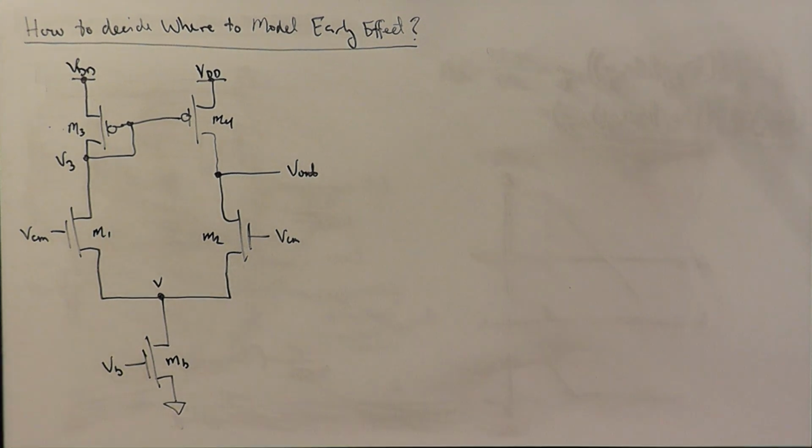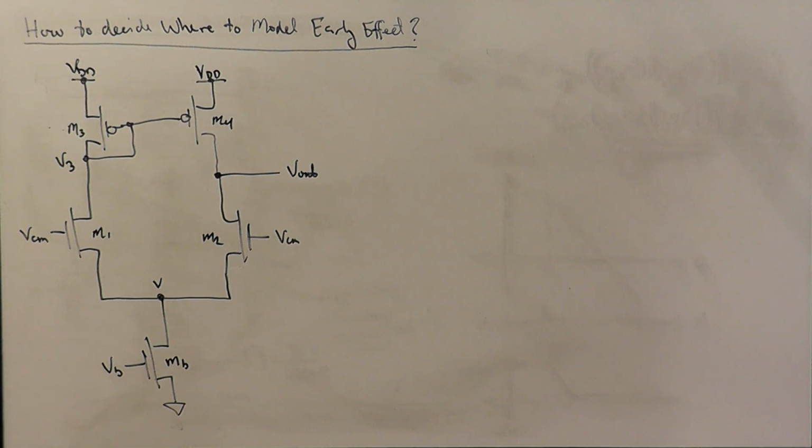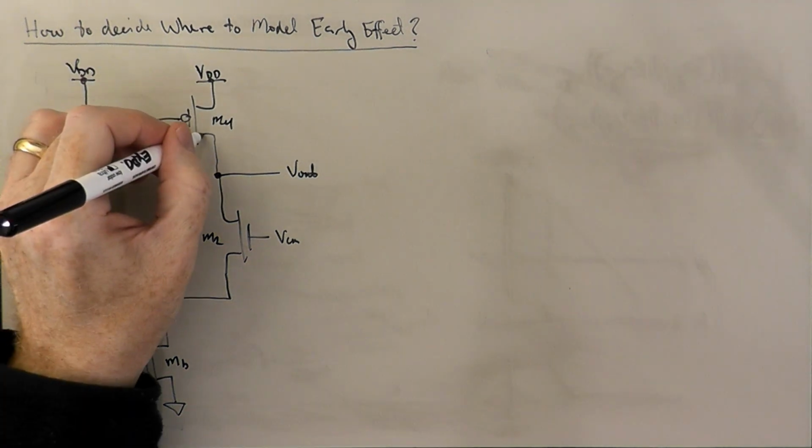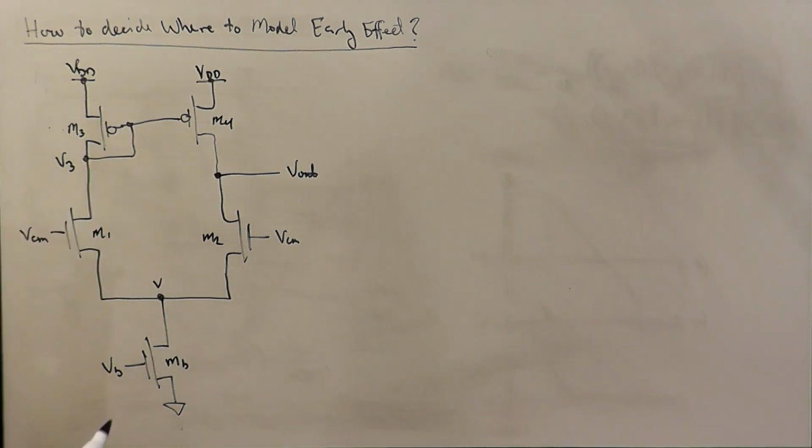Okay, and the first thing to note is that where you need to account for the early effect may depend on what part of the calculation you're talking about. So you have to be sensitive to what are the conditions under which you are doing a calculation.